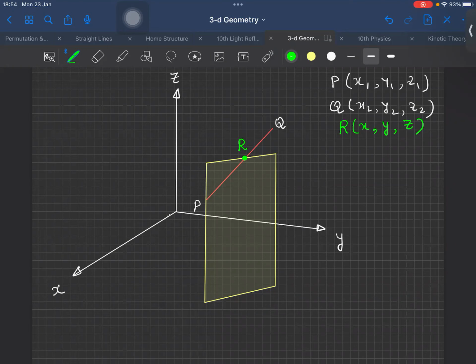So we'll draw a line perpendicular to it. Now this plane is the Z plane. What is the Z plane? The XY plane is called the Z plane, right? We discussed this part in the previous class.